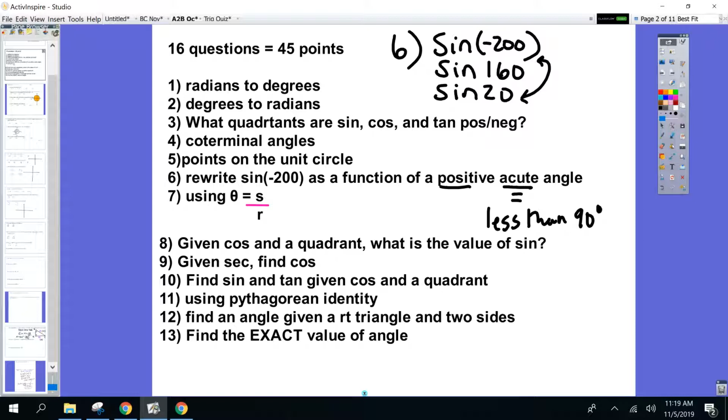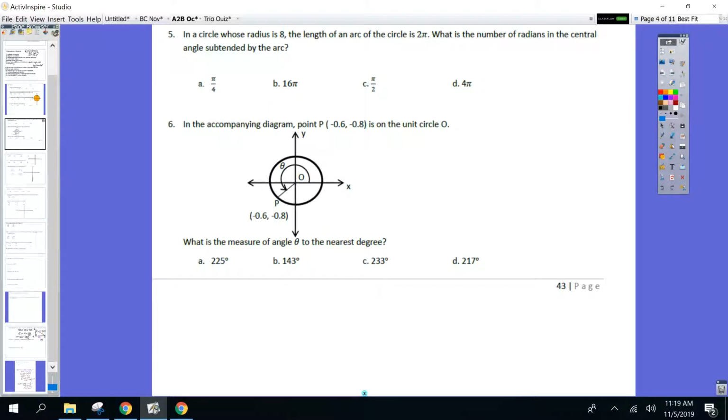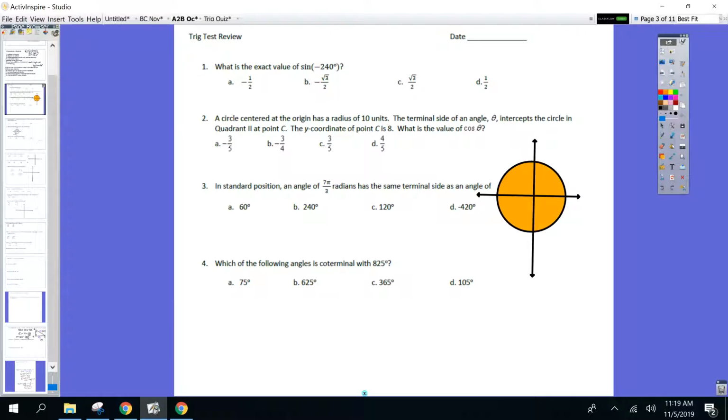Yep. Coterminal angles. Number 4. Which of the following angles is coterminal with 825? Meaning same angle. If I graphed it, same angle as 825.